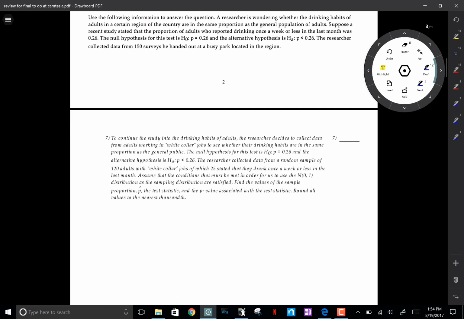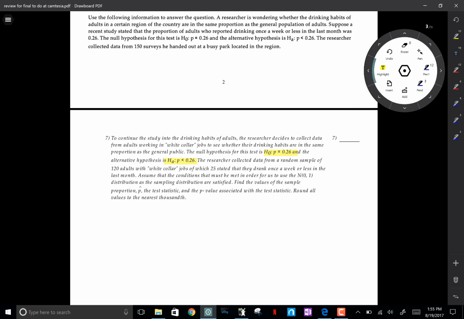All right, so 7 is kind of a continuation of that. It says assume the data set is normally distributed. The null hypothesis is that p is 0.26, and the alternative is that p is less than 0.26. The researcher collected data from a random sample of 120 adults with white-collar jobs, of which 25 said they drank once a week or less in the last month.